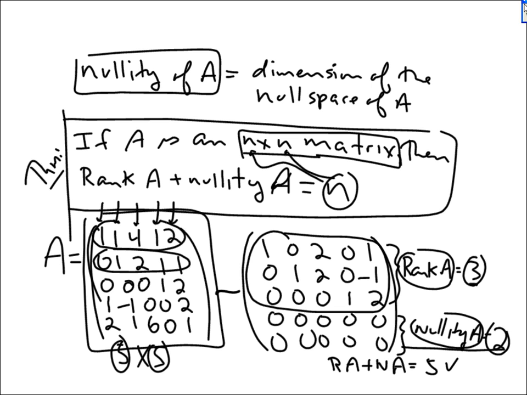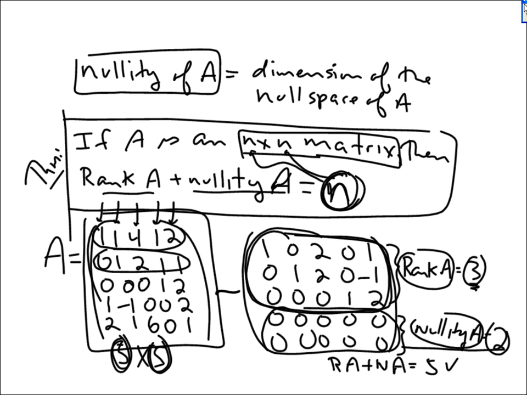And it was supposed to equal n. The rank of A plus the nullity of A is supposed to equal n. And in our case, n is 5. Reduce it, count the number of rows that are non-zero. That's the rank of A. Count the number of rows that are 0. That's the nullity of A.